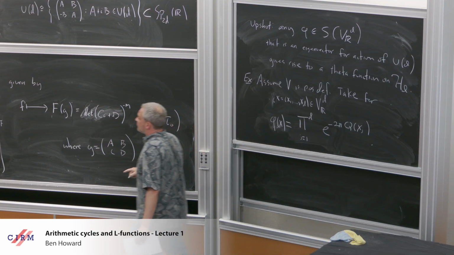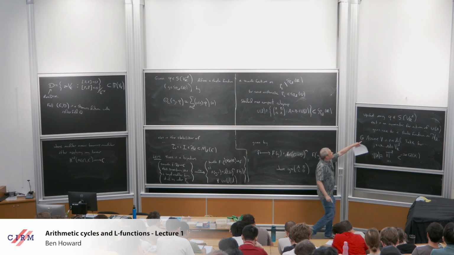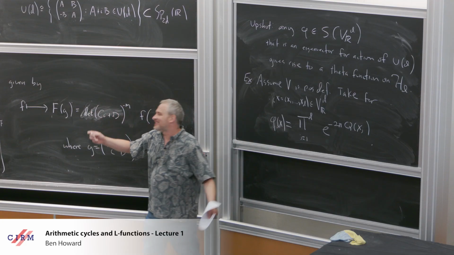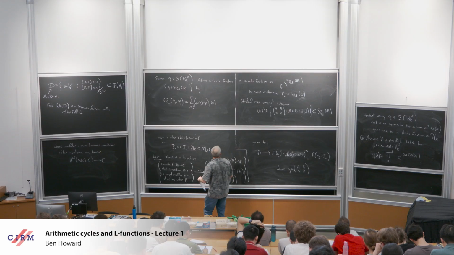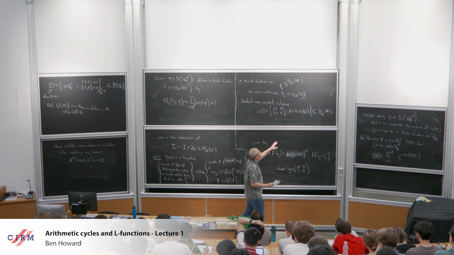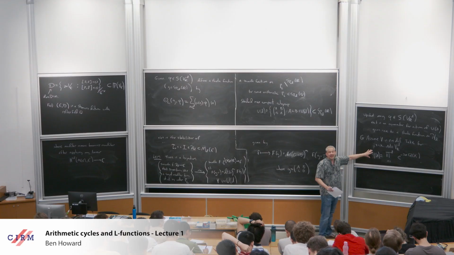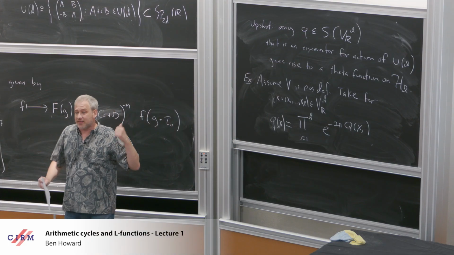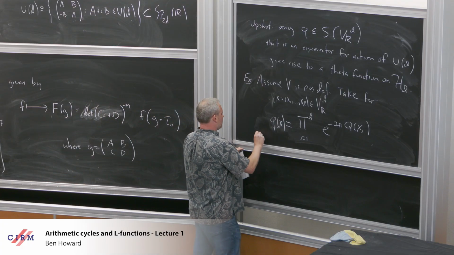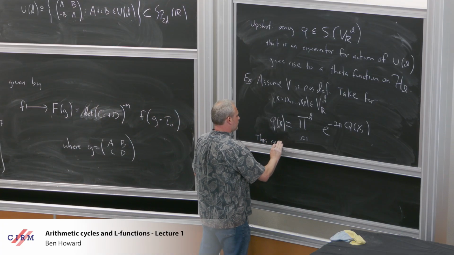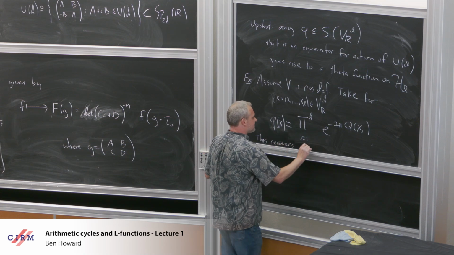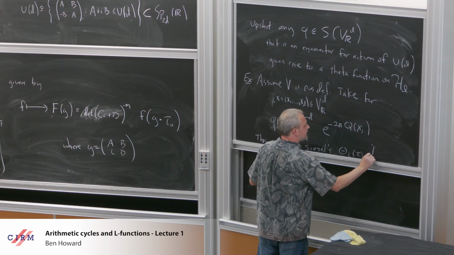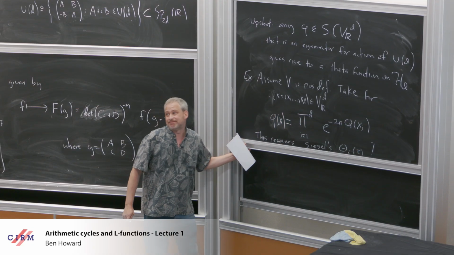That defines the Schwartz function on d copies of V_R. You can check, if I had written down the explicit formulas for the Weil representation, or at least the infinitesimal form of it, it's a pleasant exercise to check that this is actually an eigenvector under the action of the maximal compact subgroup. You apply all of this machinery, and you get back the Siegel theta function. This recovers Siegel's theta L of tau. Make sense? Sound good?